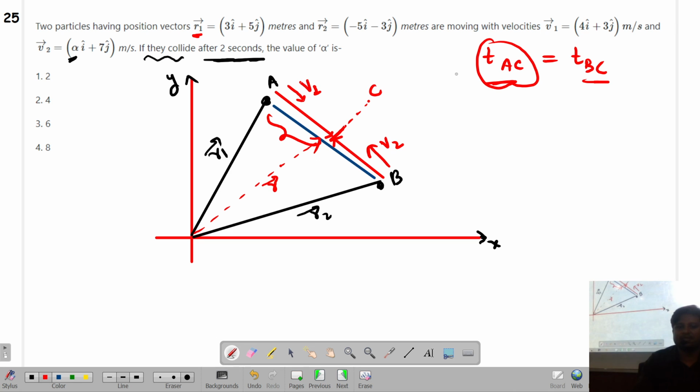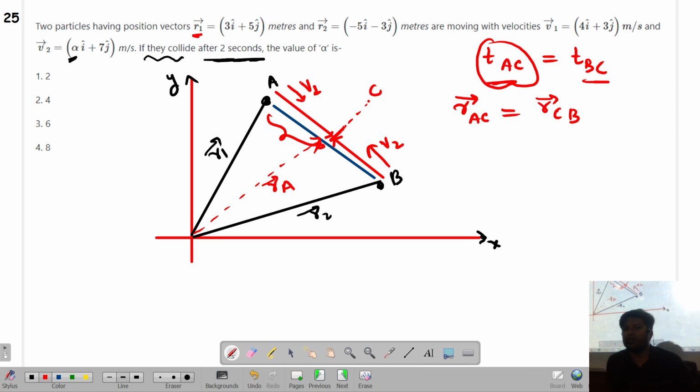For particle A, R for A to point C should be equal to R for C from B. Now see this, at this point, if you draw a midpoint straight line, is it common for particle A and for particle B or not? So therefore, R for AC should be equal to vector R for CB or not? Got it or not?